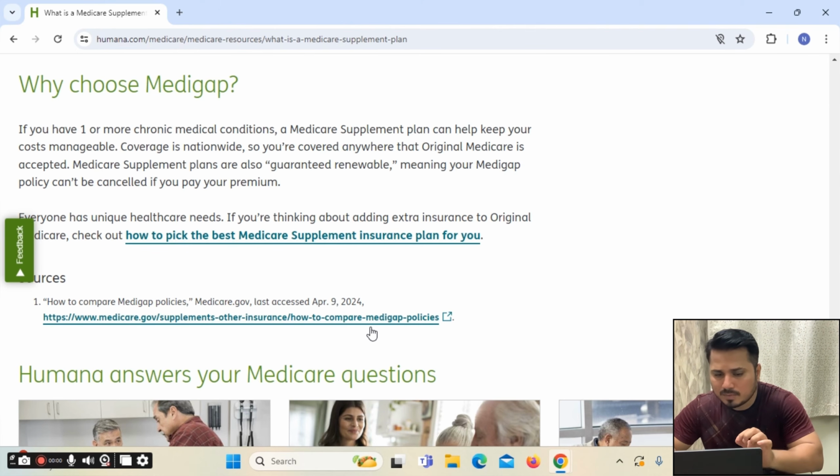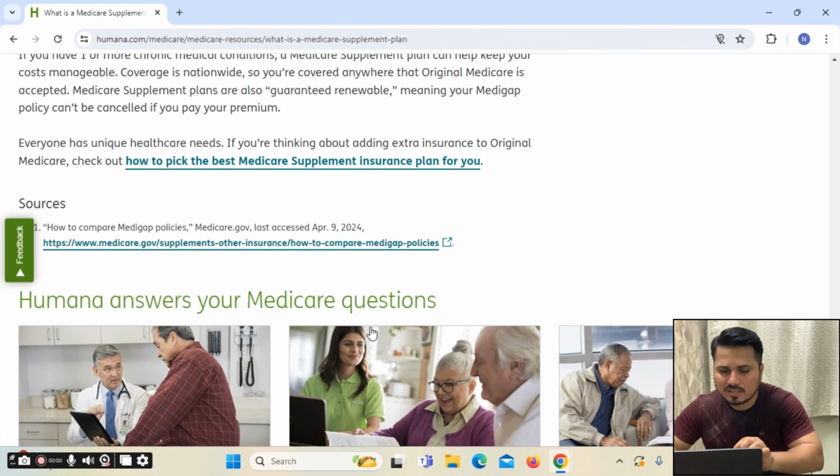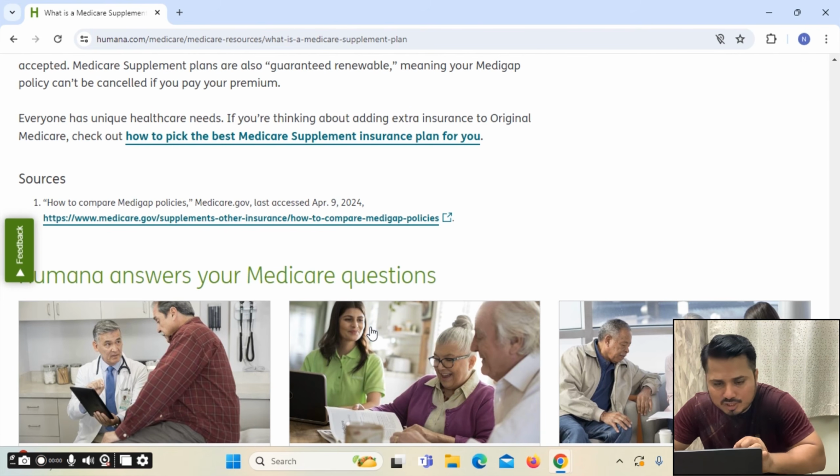Medicare supplement plans are also guaranteed renewable, meaning your Medicare policy cannot be cancelled if you pay your premium. Now, everyone has unique healthcare needs. If you are thinking about adding extra insurance to original Medicare, check out how to pick the best Medicare supplement insurance plan for you.